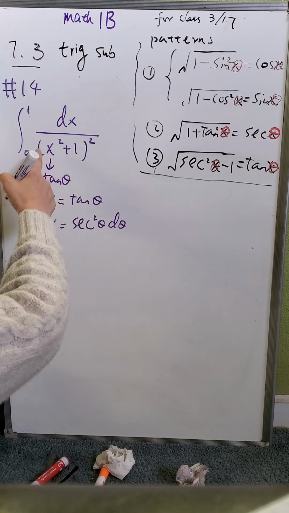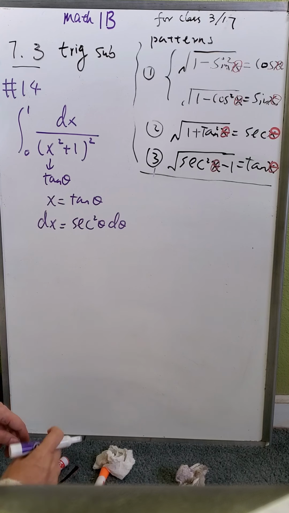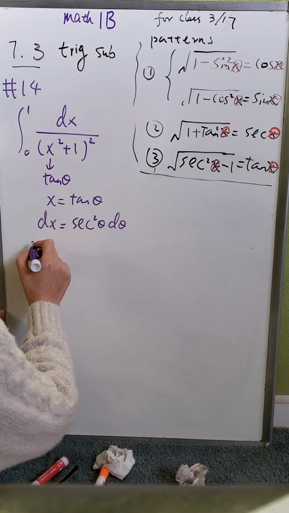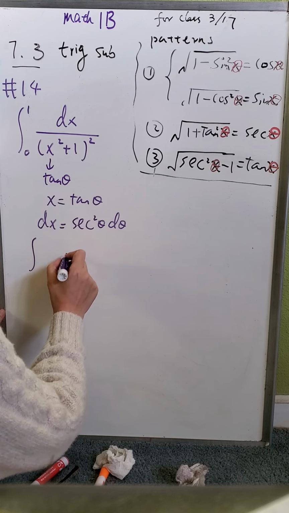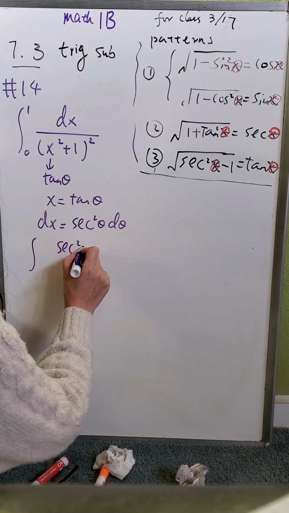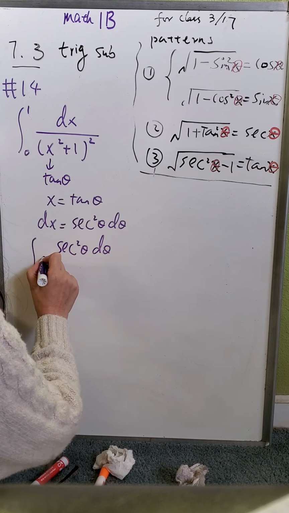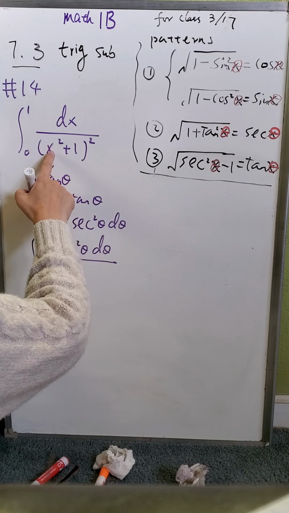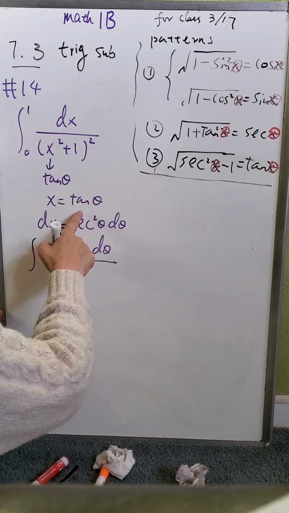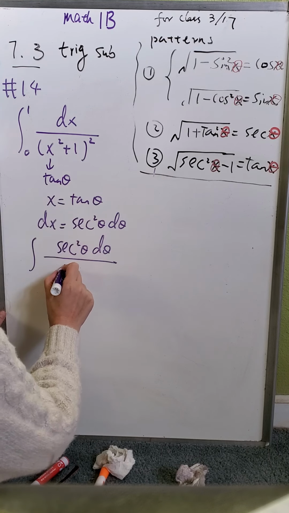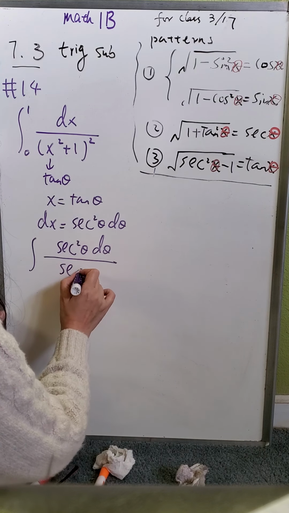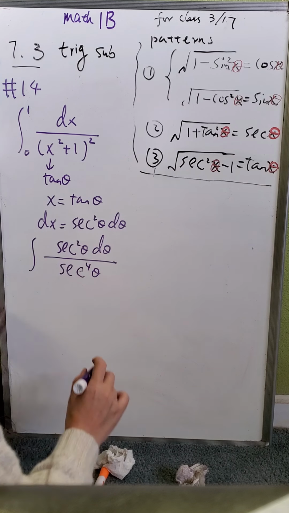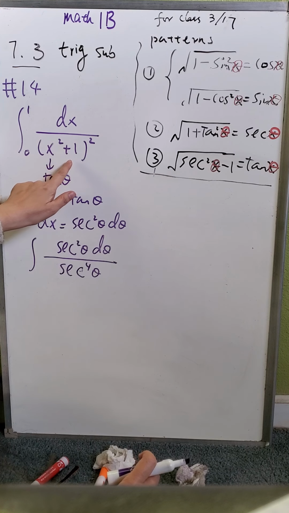And now we're going to substitute everything inside. And so that becomes, don't write the limit yet. Okay, dx equals secant square theta d theta over, this is x squared plus 1, so that's tangent squared plus 1, so that's secant squared, and squared again, so secant to the 4th, secant 4 theta.